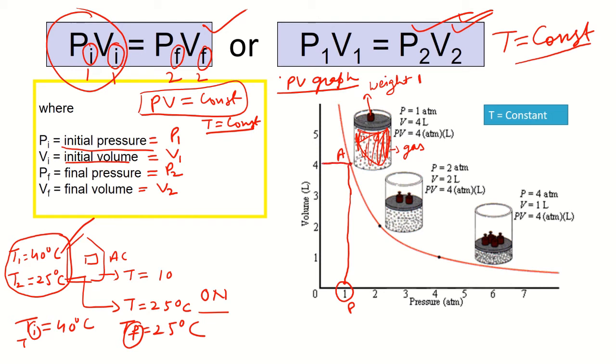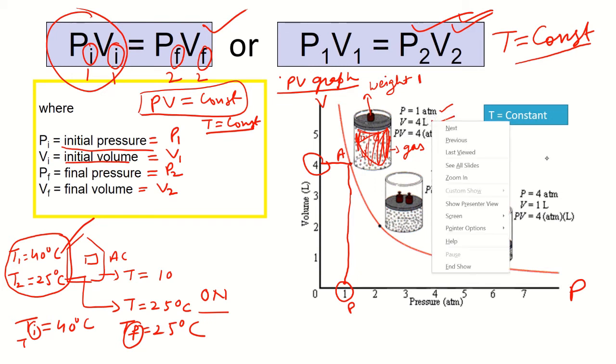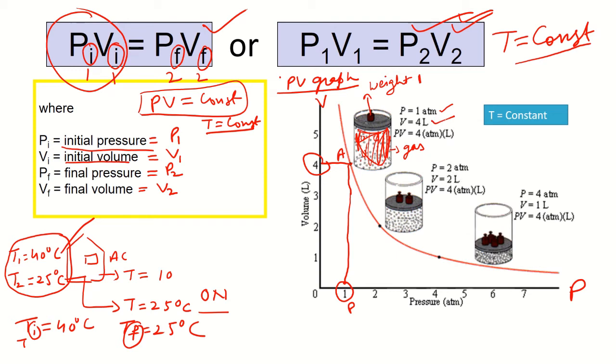I will go to the volume. This is the volume and this is the pressure. Here the volume is 4 liter. I have written the pressure is 1 atmosphere and the volume is 4 liter, and if we multiply this, the PV value will come 4.